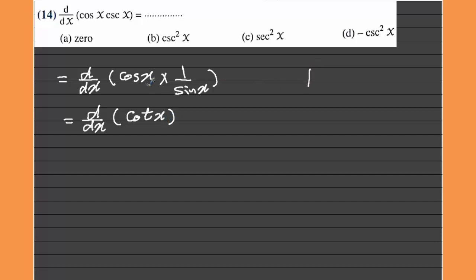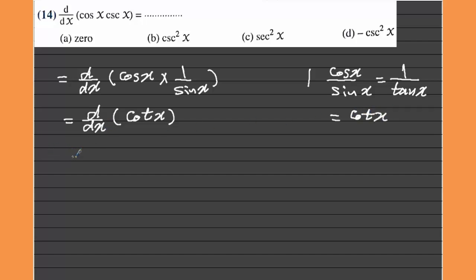Again, here we have cosine x multiply 1 is cosine x over sine x. It is equal 1 over tan x, which equals cotan x.